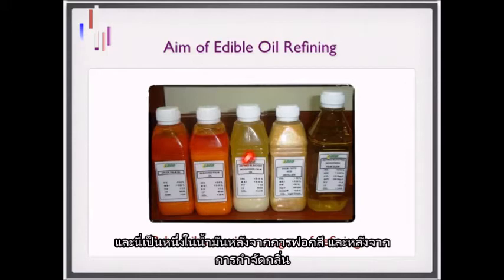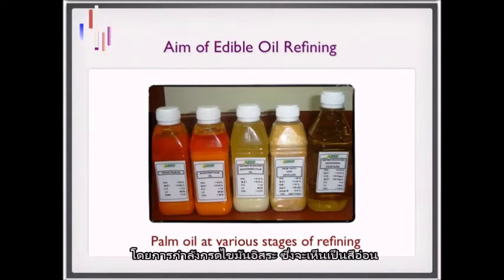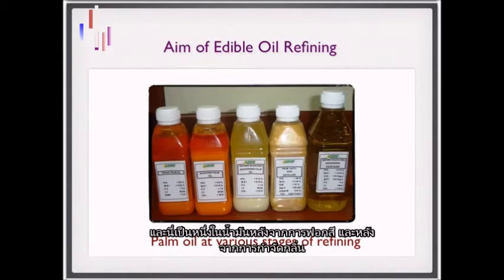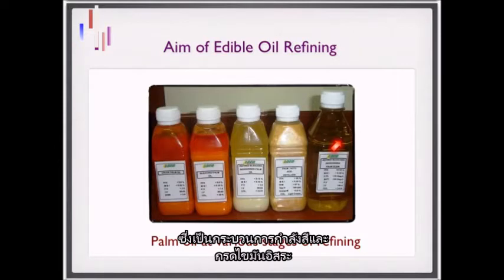in this picture, this is actually after the bleaching and deodorization to remove the fatty acids. You can see the color is much lighter. And this one is the oil after bleaching and after the deodorization process to remove as much as possible the color and the free fatty acid.